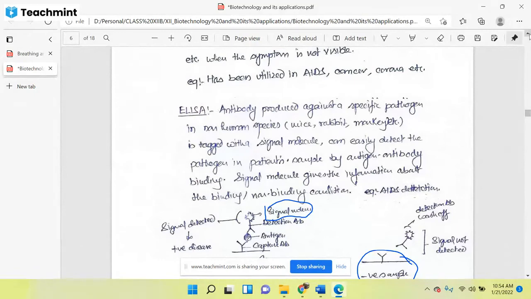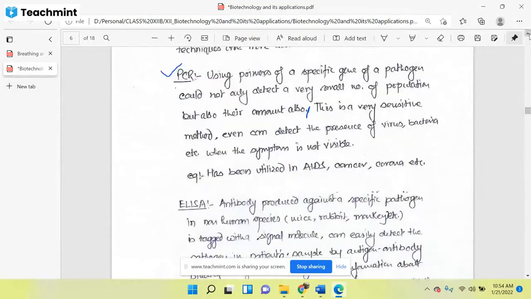And I told you before also that PCR is a technique in which we are detecting the disease on DNA or RNA level, means on nucleic acid level. If we want to detect any abnormal thing or any virus or bacterial infection, then we can detect it. So PCR is based on nucleic acid detection, and ELISA is based on antigen specific detection.